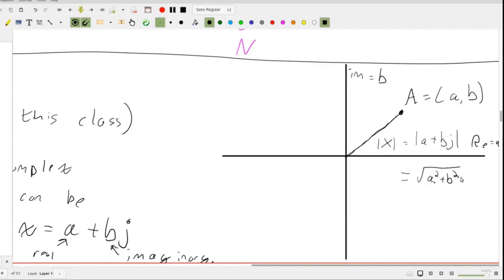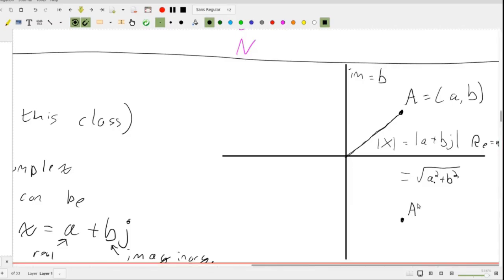Who's on the imaginary team? Who's on the real team? There's always a complex conjugate. So it's a negative imaginary, so it's about the real. It flips over.